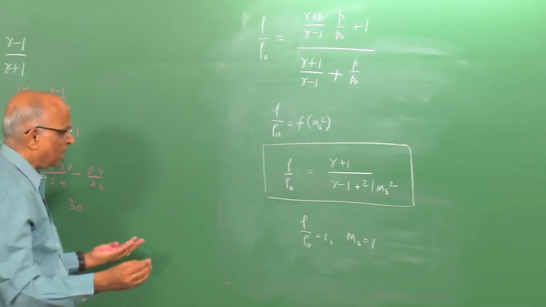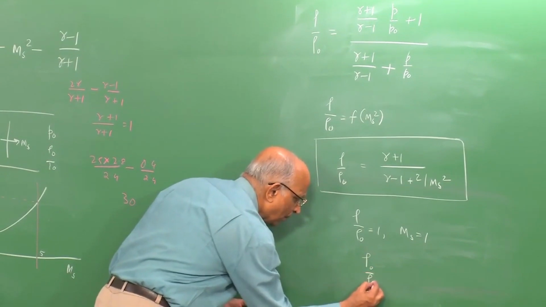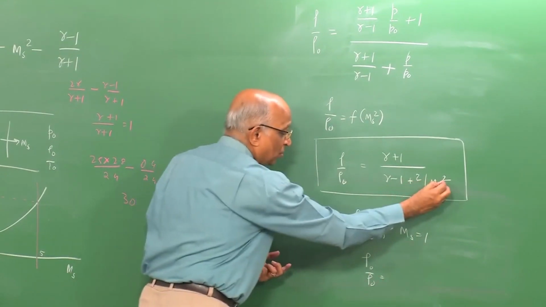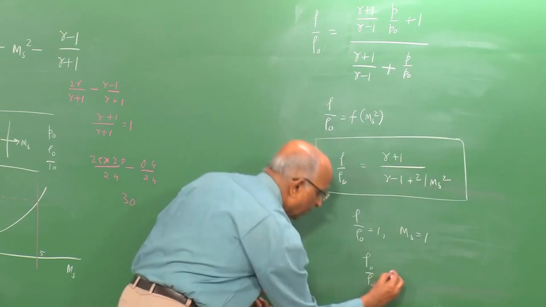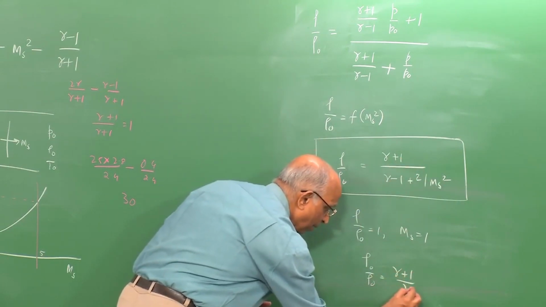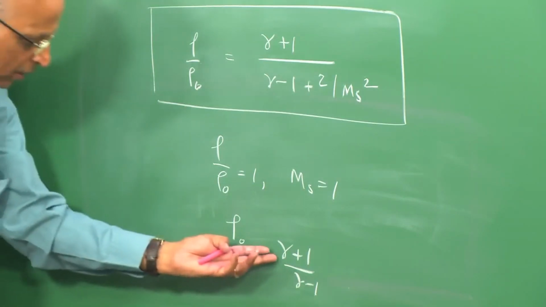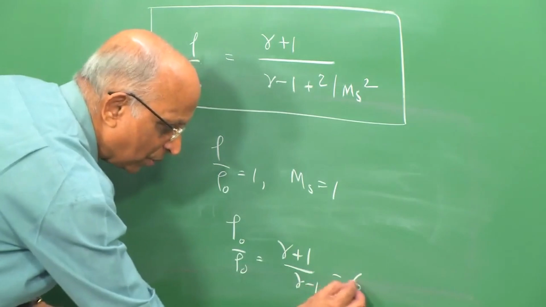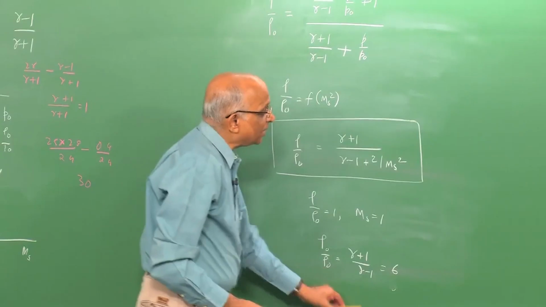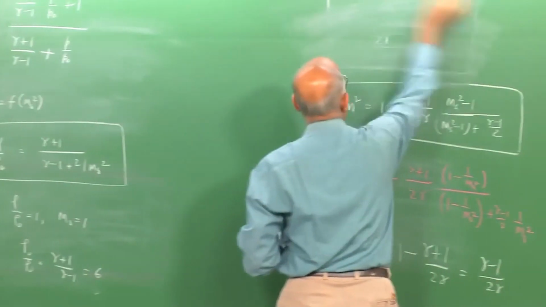When Ms is very large, let us say infinite, what happens? Ms square becomes infinite, this becomes 0, 2 over infinity, therefore, it becomes gamma plus 1 divided by gamma minus 1, which for air, for which gamma is 1.4, I get 1.4 plus 1, 2.4, divided by 0.4, which is equal to 6. Therefore, how does the density ratio change with the Mach number of the shock?